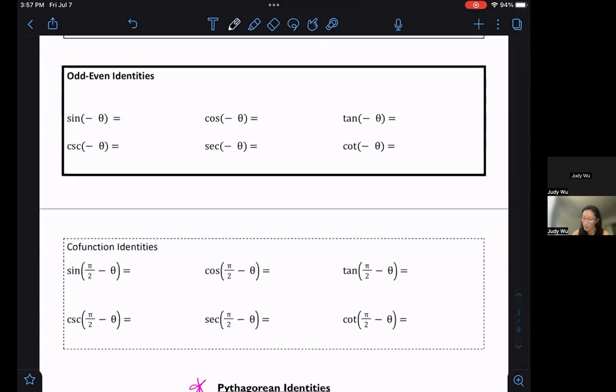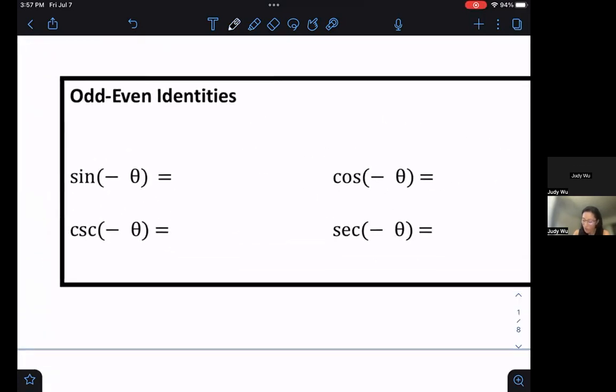Let's move along to our odd, even, and cofunction identities. Again, they come up less frequently, but they're still important to know. Let's start off with sine. Back in chapter 6, we talked about whether sine was even or odd, and I hope we remember that sine is odd.